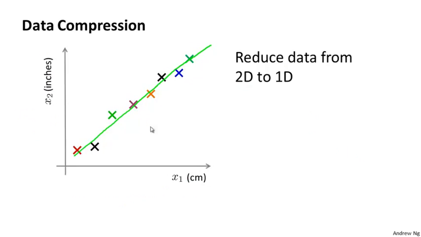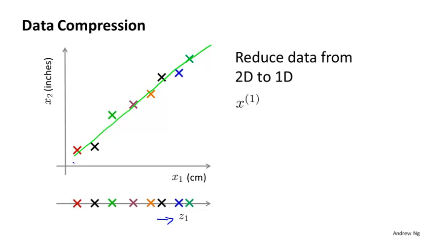By doing so, I can measure the position of each of the examples on that line, and come up with a new feature, z1, and to specify the position on the line, I need only one number. So z1 is a new feature that specifies the location of each of those points on this green line.